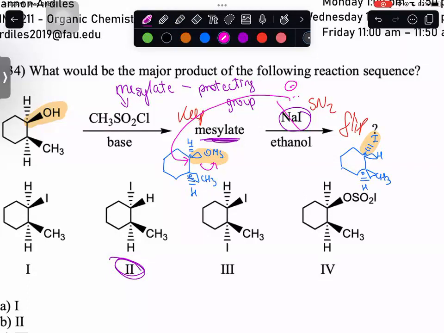So far, questions on protecting groups? We're good? No. Tosylate and mesylate, they were part of the same group, group 2. Group 1 is the one with the halogens: PBr3, SOCl2, PCl3, and PCl5. Those guys, they flip.